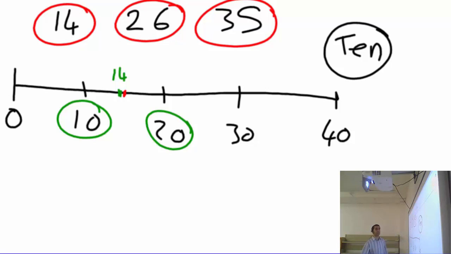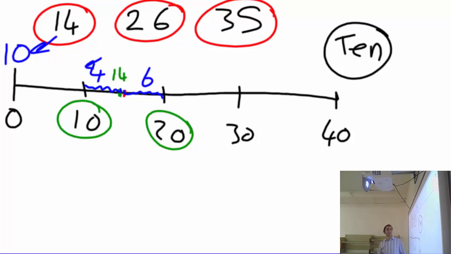In this case, it will be 10 because 14 is closer to 10. There are just 4 units between 10 and 14, but there are 6 units between 14 and 20. Therefore, you go with the closest one. When you round the number 14 to the nearest 10, it will be just 10.